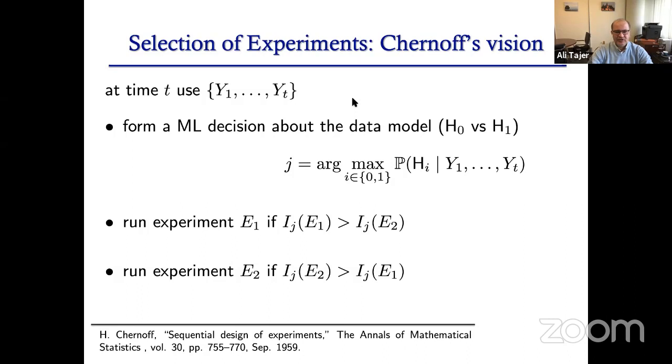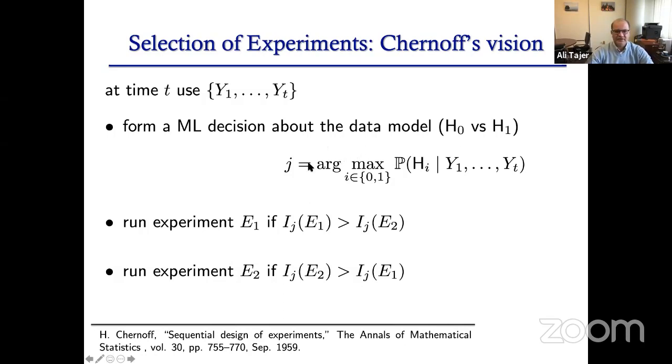Based on the data collected up to every point, it forms a maximum likelihood decision about the more likely hypothesis. So at time t, given the data collected up to time t, which are y1 up to yt, we look at the posterior probability of hi, and whichever maximizes that probability, we denote it by hypothesis j. That is the maximum likelihood decision up to time t about the underlying model.